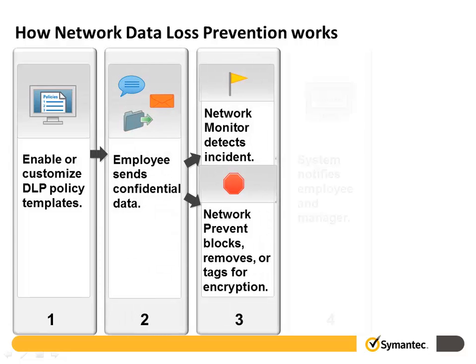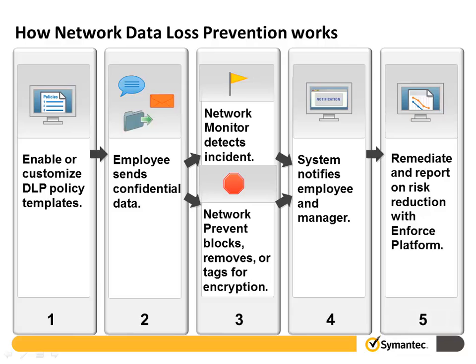To implement data loss prevention for your network, the customer will need to enable and configure their DLP policies. Once enabled, we will then monitor any network traffic. So if an employee sends out confidential data via a protocol we are monitoring, we can go ahead and detect the incident with Network Monitor.